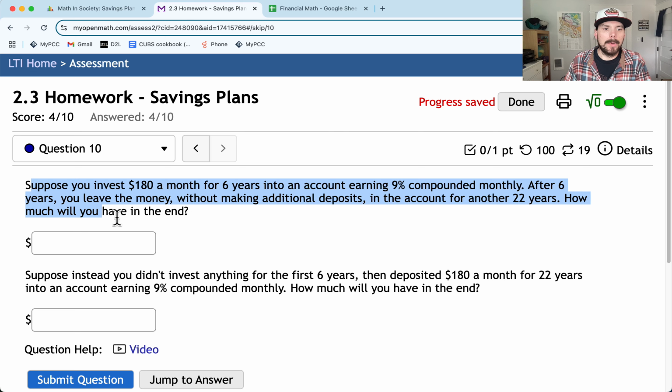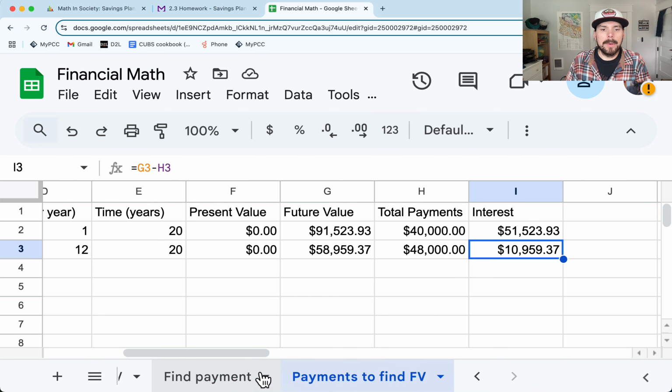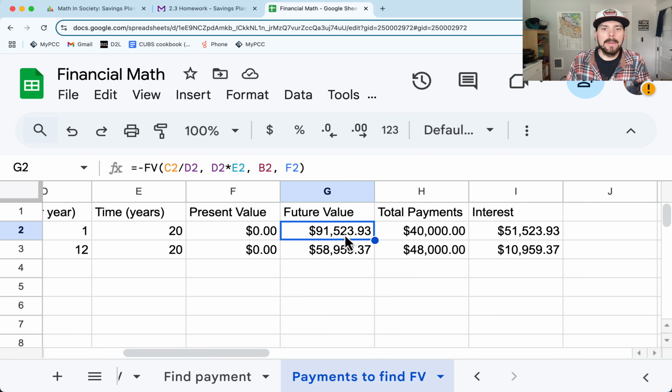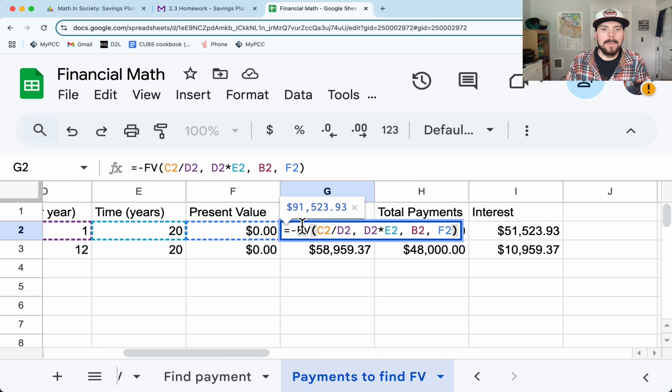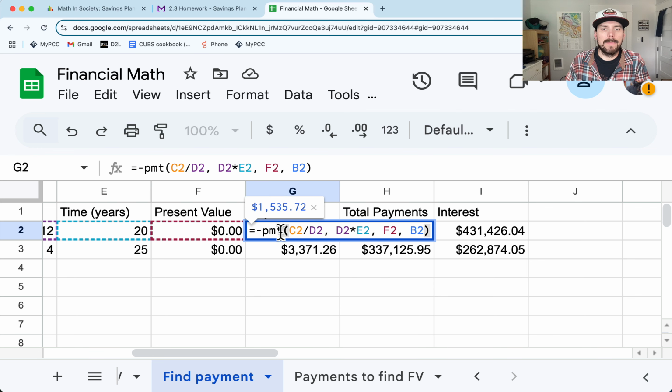Now back on number 10, we just got back to a problem where we need to know the future value. We know the payment. So in this section, between those two sheets, you either know the payment or you don't. Depends on if you use the FV function to use the payment or the PMT function to find the payment.